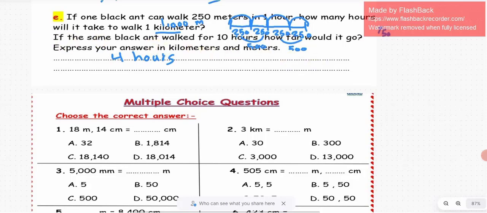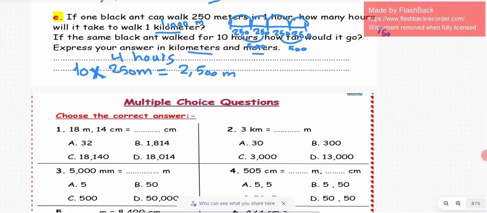Now the other question. Okay, if the same black ant walked for 10 hours, in each hour it moves 250 meters. When we multiply by 10, we put 0 beside the number: 2,500 meters.